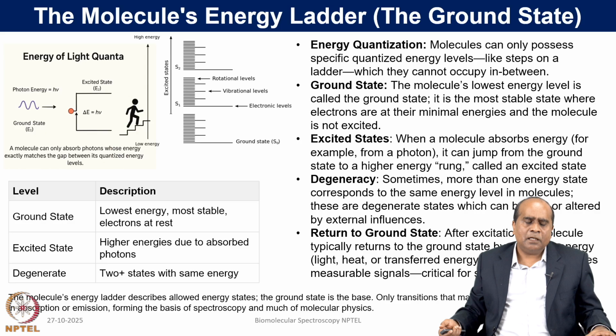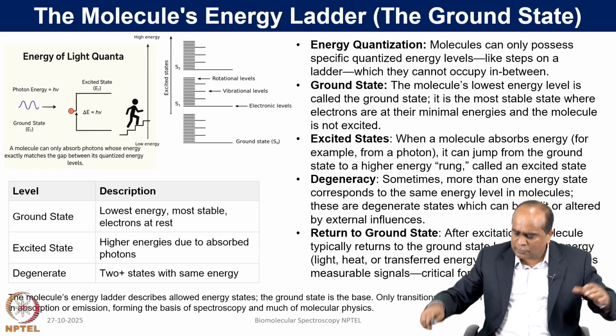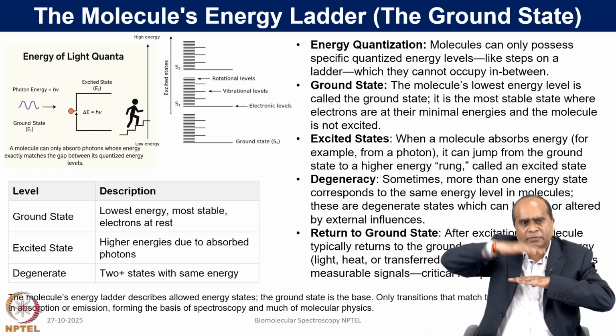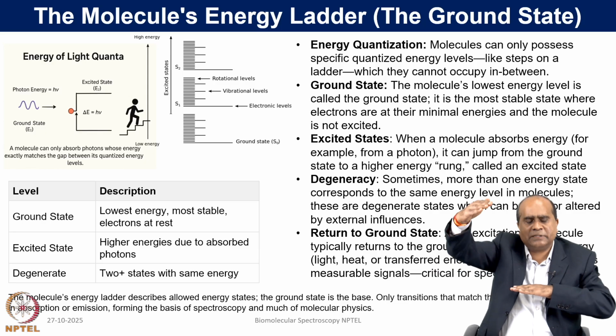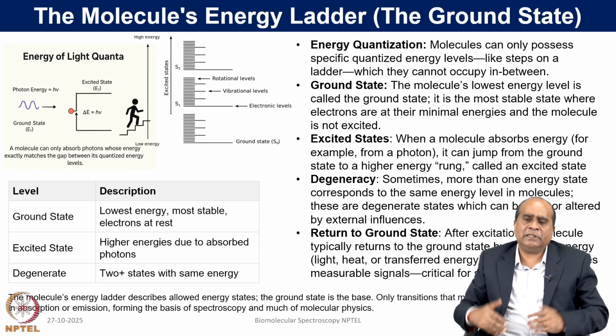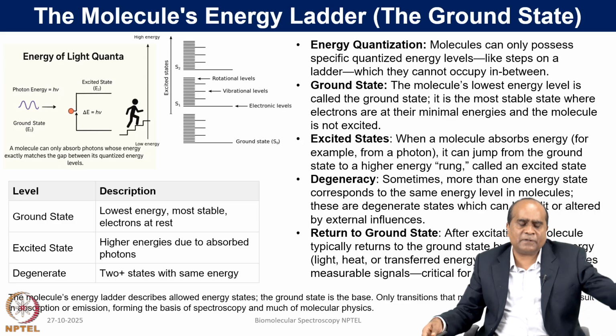After excitation, a molecule can typically come back to the ground state. In the ground state it was the lowest energy; when it went to the excited state it absorbed energy. When it comes again to the ground state, what will it do? Release the energy or transfer the energy.